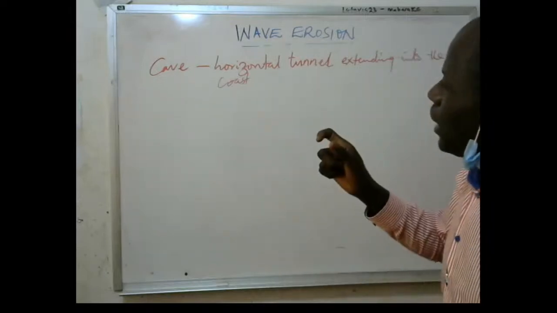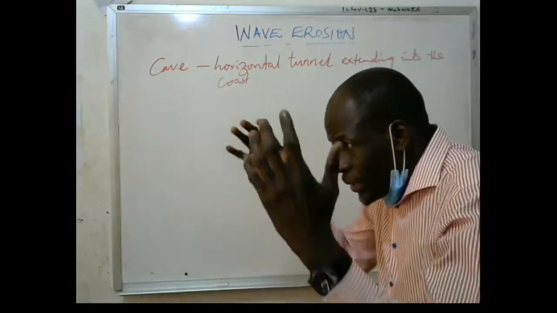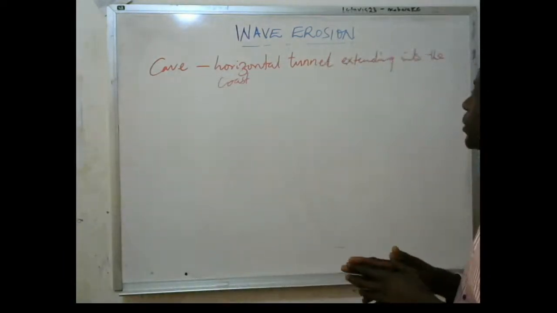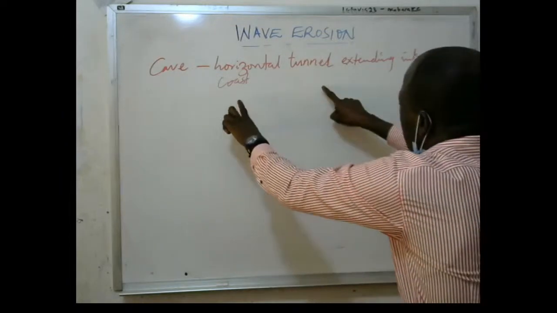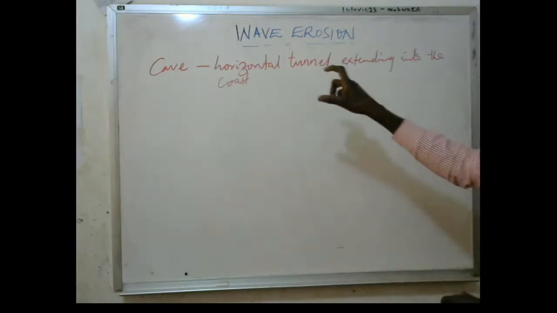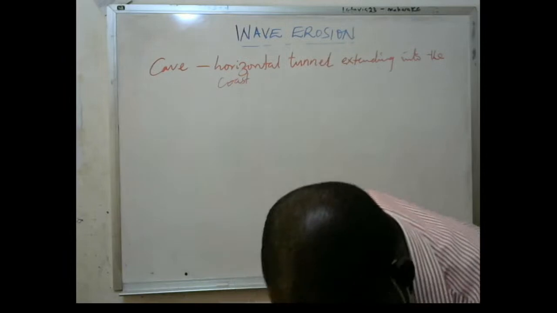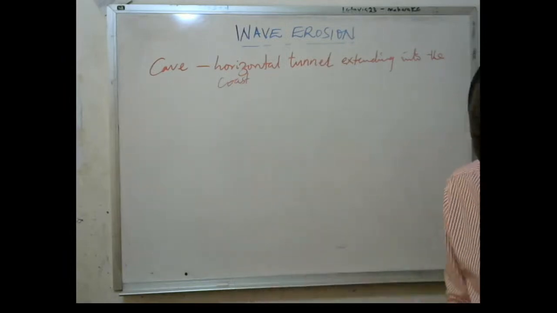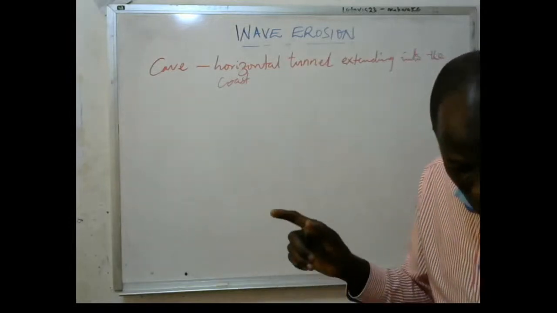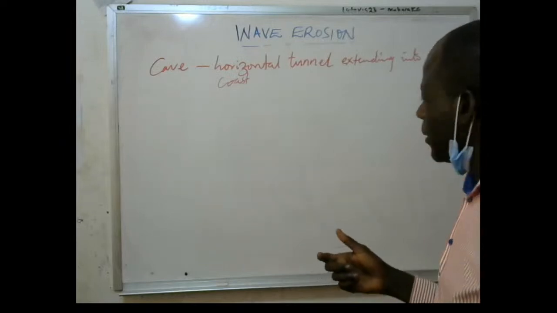Now, along the coast, you have such a feature, an opening, a tunnel which is horizontal but going into the coast. So if this is our coast, then there is a hole that extends into that coast. That's what we call a cave, or you can call it a coastal cave if you want, just to show that we are only talking about that cave that forms along the coast. So you are going to say it is a horizontal tunnel that extends into the coast.